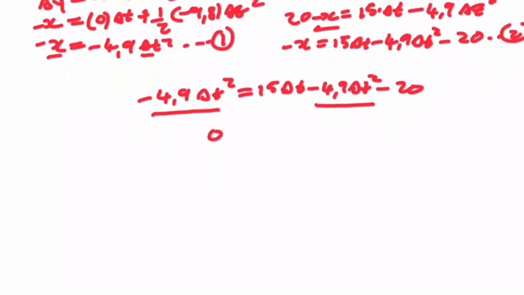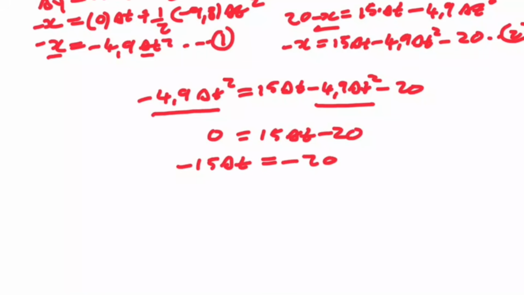So we have 0 equal to 15 delta t minus 20. Moving 15 delta t to the left hand side, minus 15 delta t is equal to minus 20. If we go ahead and divide both sides by 15, we get 1.33 seconds. That is the time it takes for the two balls to meet.